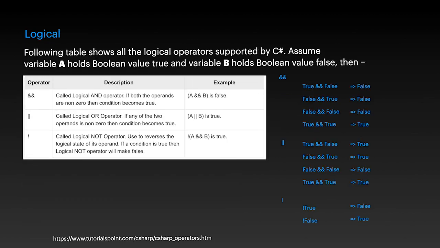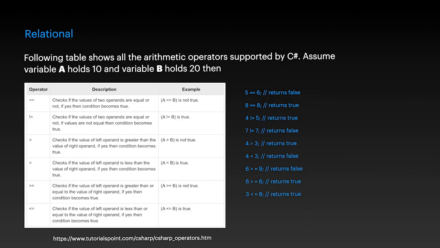So it's very interesting that when you see double equal, the result becomes Boolean, right? Because A is 10, B is 20, and A double equal B is not true because 10 is not 20, right? So you need to use double equal instead of one equal.